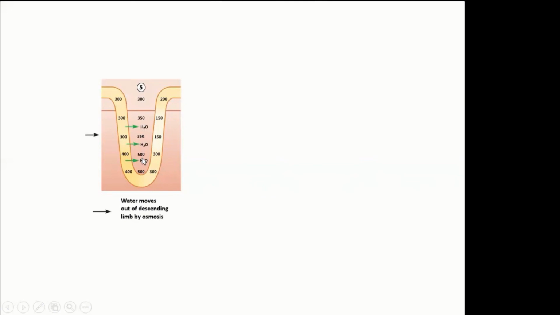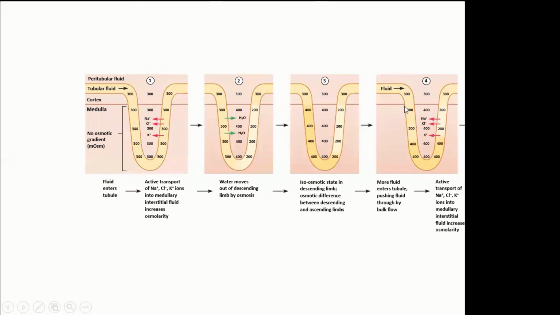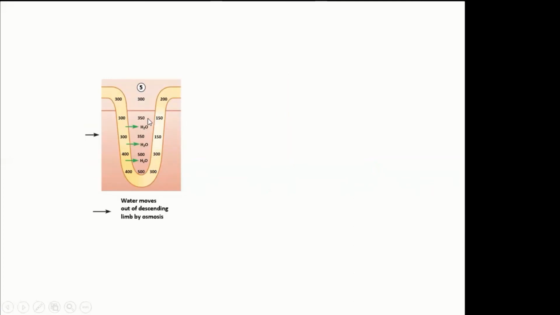But the other thing that's happening is that we're also having the movement of water. So the movement of water is coming here. And so we start out with this 300 milliosmol fluid in the tubules. It encounters the medulla that was before at 400. So it was moving, gradually trying to get equilibrium with that.